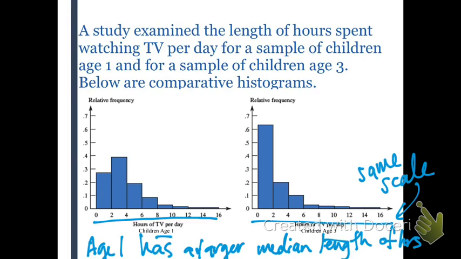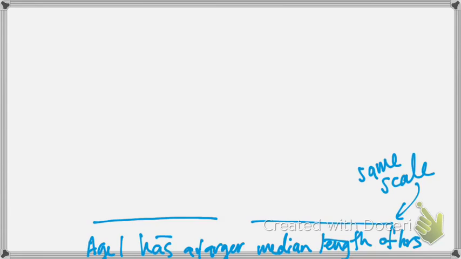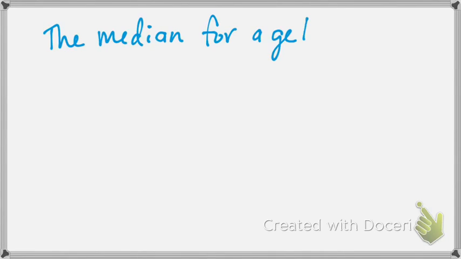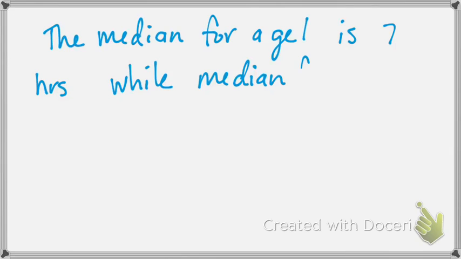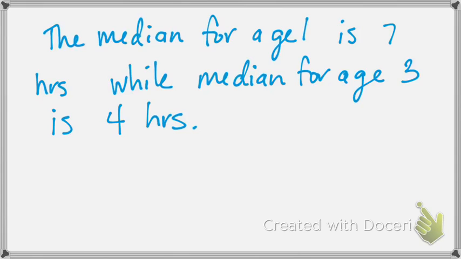This is why I say no numbers, because people would say the median for age 1 is 7 hours, while the median for age 3 is 4 hours, and that is not comparative. So you would get 0 points for that.